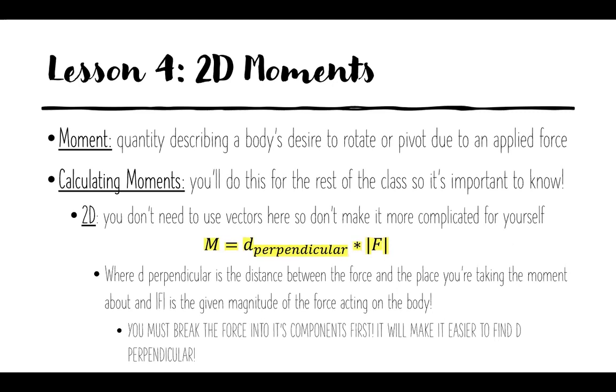So if you put your pen on the table in front of you and take one finger and push right along the cap of the pen, it makes it pivot, because even though you're applying a force directly at that point straight forward, it causes it to rotate unless there's another force counteracting it, right? So that's the idea of a moment. It's quantifying how much pushing on the pen cap makes that want to rotate.